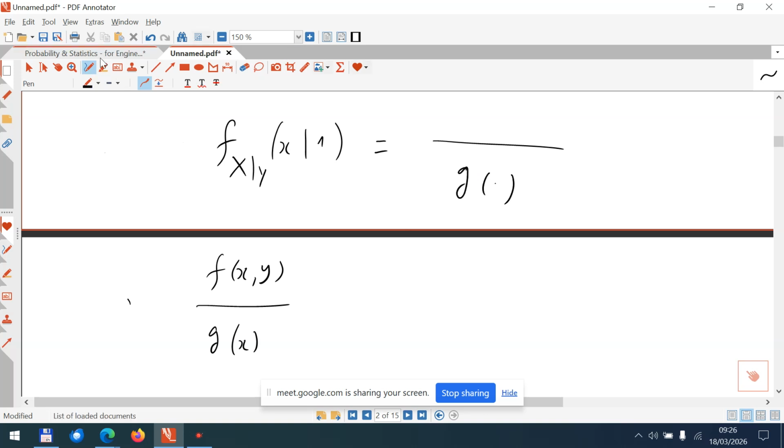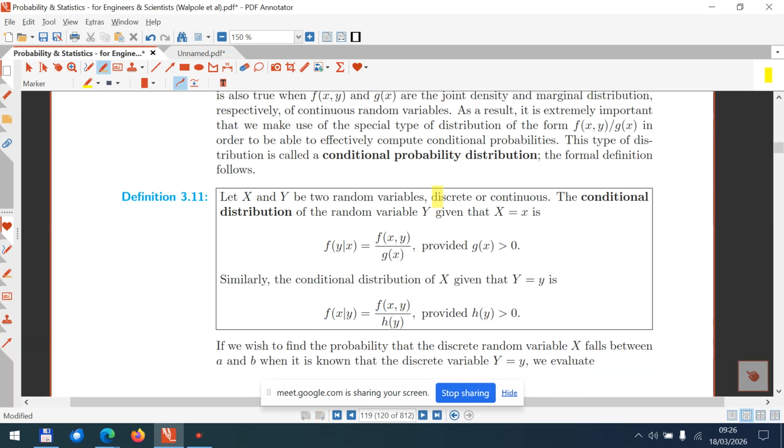Let me show you the main formula so that you don't get confused. This is the main formula, right? The conditional distribution of y given x will have the marginal distribution of x in the denominator and the joint distribution in the numerator.